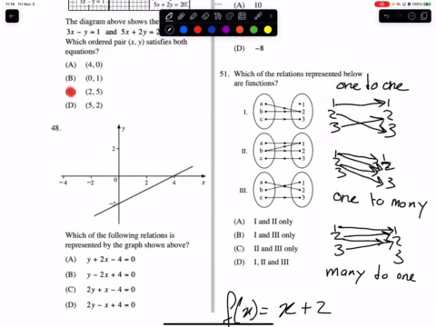They ask which one can represent a function. You know 3 is 1 to 1. So that is 100% a function. So you have to see.